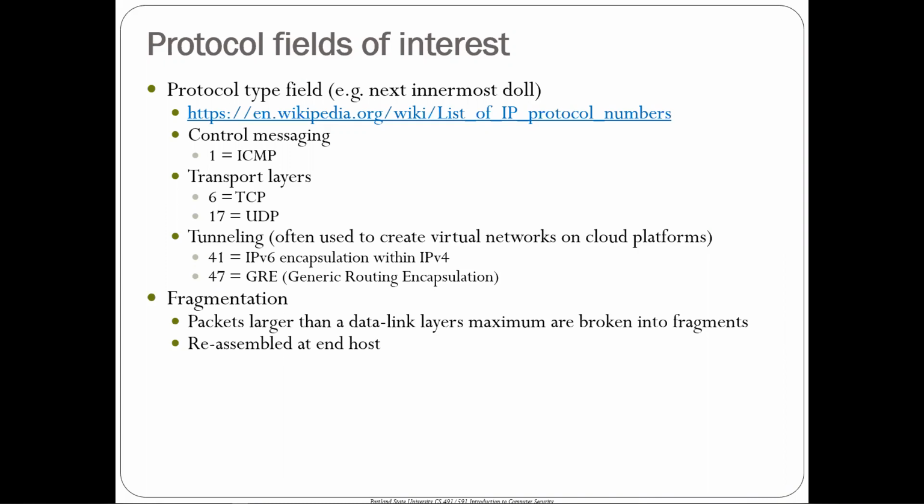The other thing I want to talk about is the fragmentation field. Anytime you have a network layer packet that is much bigger than the data link layer maximum, every data link layer has a maximum frame.